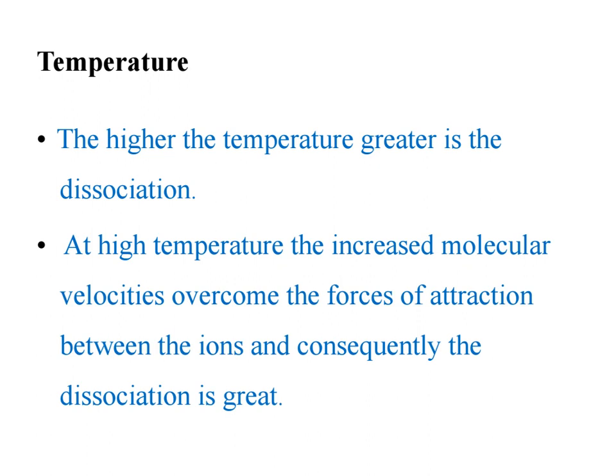The last one is temperature. Ionization is an endothermic process which gives ions and is favorable at high temperature. The higher the temperature, the greater the dissociation. If dissociation is increasing, the alpha value increases.